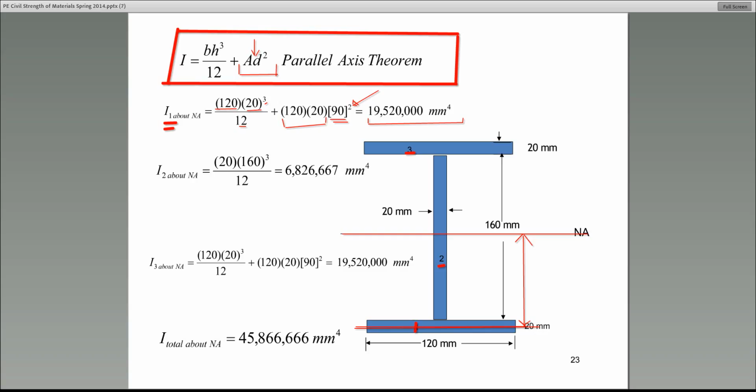Then the moment of inertia of area 2. Now tell me something. As you can see, BH cubed over 12, that's the only thing I used. I did not use AD squared. Why? Amanda says because the centroid of segment 2 is exactly the same place as the neutral axis of the composite section.